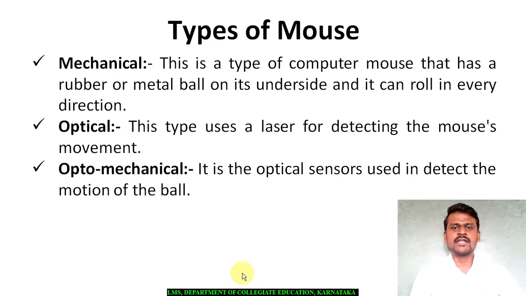To remove those rollers, we use lasers instead of rollers in the optomechanical mouse. The sensor will sense the ball movement, but in a mechanical mouse, the ball movement is captured using the rollers placed on the 4 sides of the ball. Here the rollers are removed and laser sensors are placed, so that the movement of the ball is sensed using the laser. So these are the 3 types of mouse.